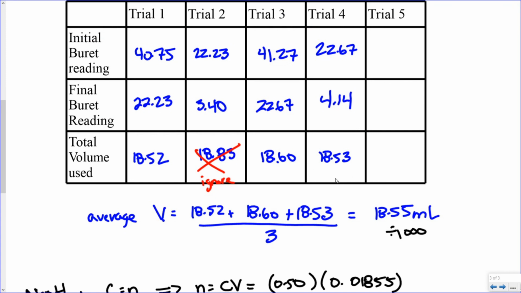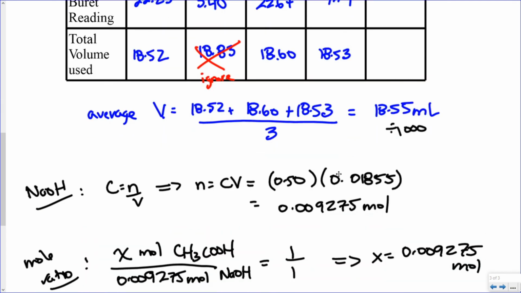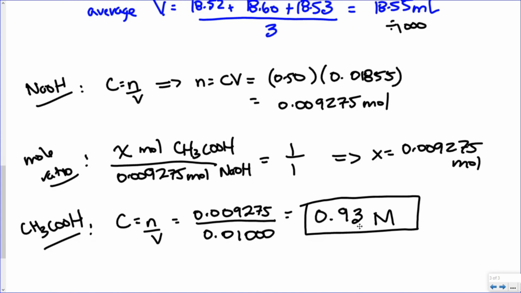The new part with the titration is you have to calculate these volumes used and then find the average volume of the trials that are in close agreement with each other. This one we did not use in our calculation for volume because it was too far removed from the other ones. The average volume is the ones that are close to each other, and then that volume is used in our solution stoichiometric calculations afterwards.